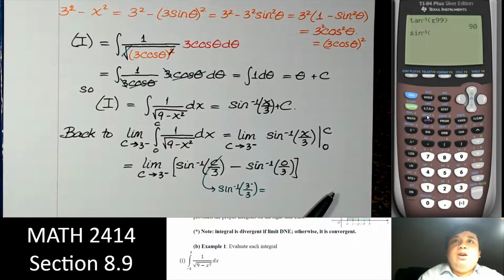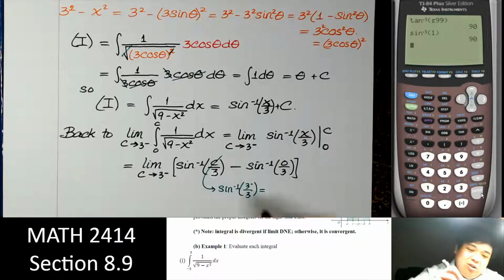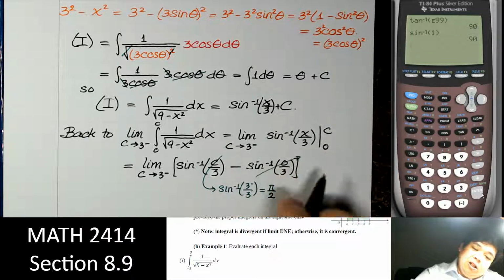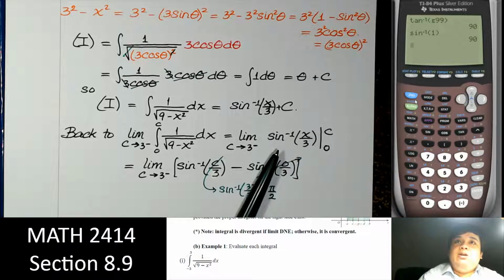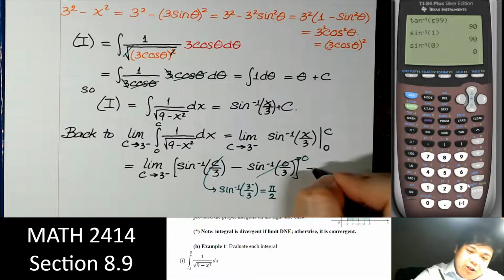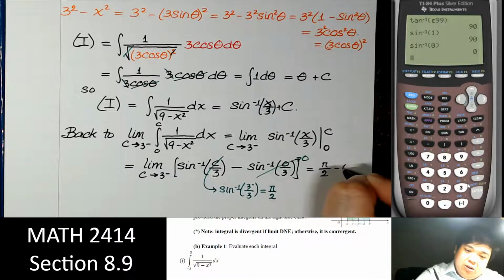So what is sine inverse of practically 1? Right, 90 degrees, which is pi over 2. And what is sine inverse of 0? 0. So this equals pi over 2 minus 0.